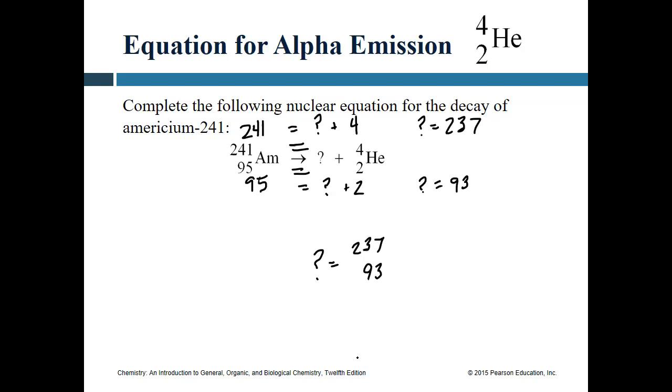I look to the periodic table. 93 is NP, not on your list, but that's Neptunium. Easy way to remember that is just they go in order. Uranium, Neptunium, plutonium. That's the order of the last 3 planets, or at least, Pluto used to be one.